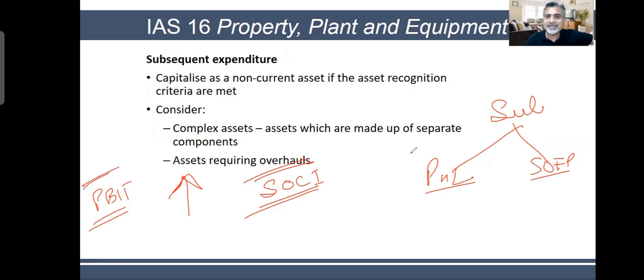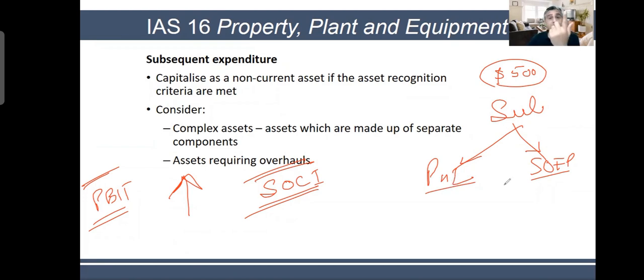What is the tendency of managers? What would managers like to do? We spent $500 on something, and we have to decide, should it go to P&L or should it go to SOFP? What do you think? Do you think managers would take it to P&L or to SOFP? What is the general inclination?